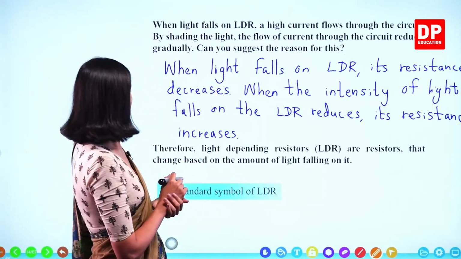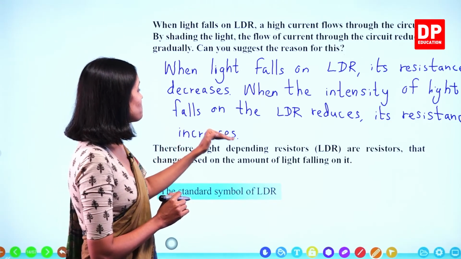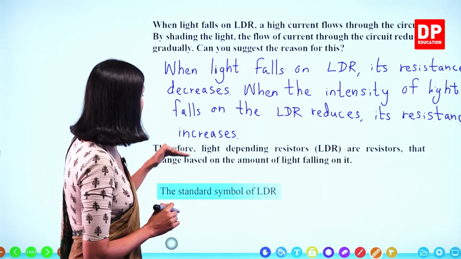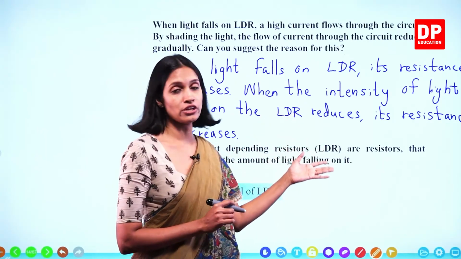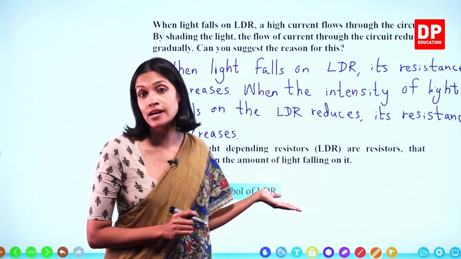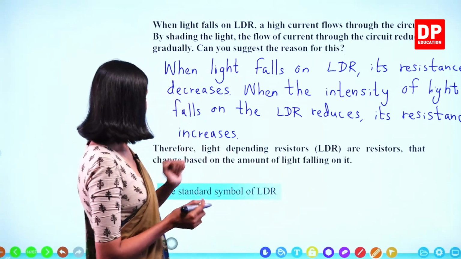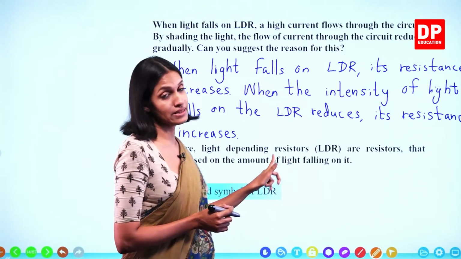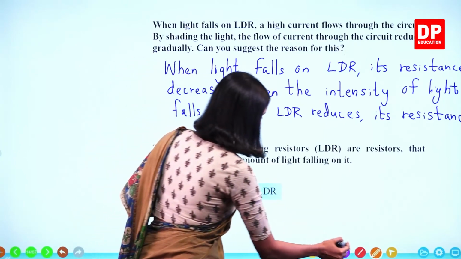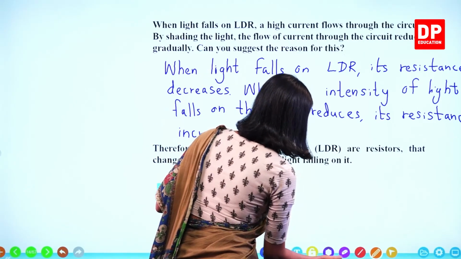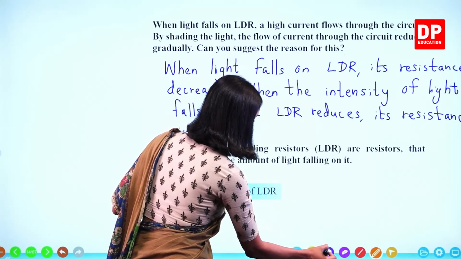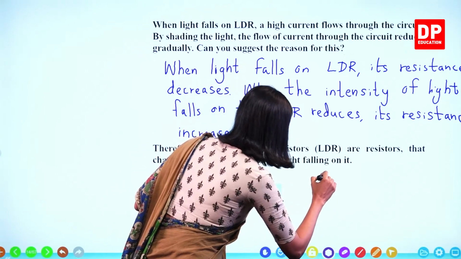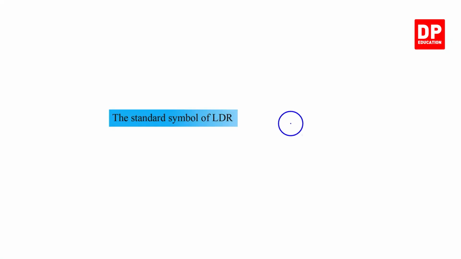Understand, children? Right. Therefore, light-dependent resistors, or LDR, are resistors that change based on the amount of light falling on it. They are sensitive towards light. Understand? Right. So then we have to draw the standard symbol of LDR, right? We'll draw this one. Again, we can draw two circuit symbols. So first one you can draw like this.